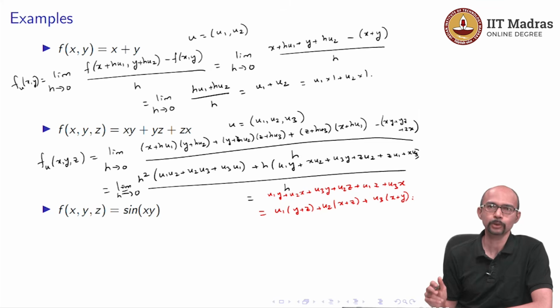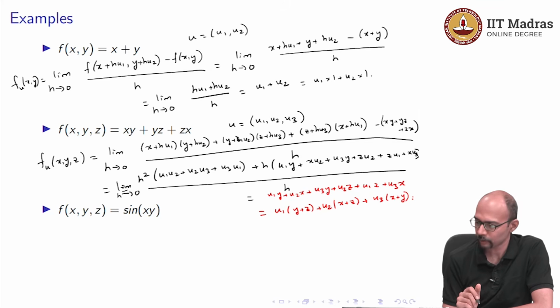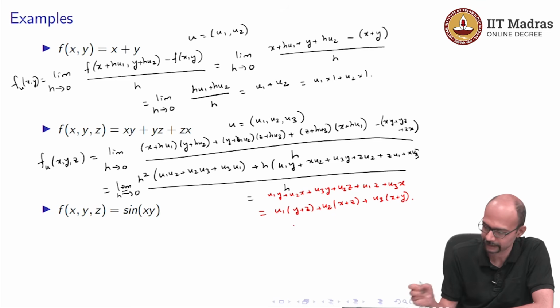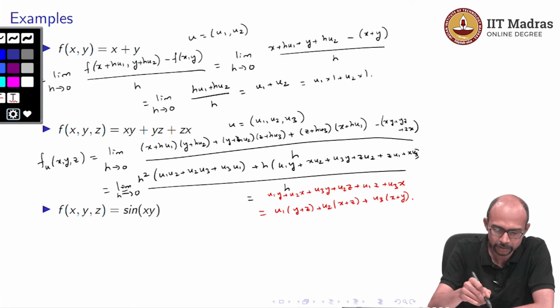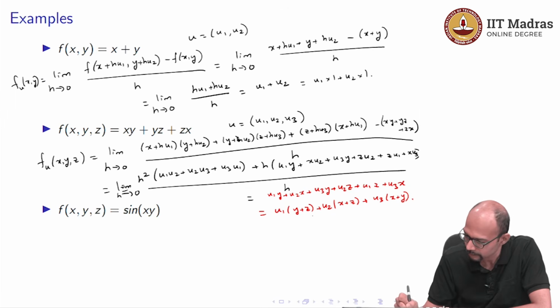Okay, and I will ask you to go back and check what were the partial derivatives for this function, or you can check it right away. Okay, and see if these terms are these terms here, whether these are things you can identify.